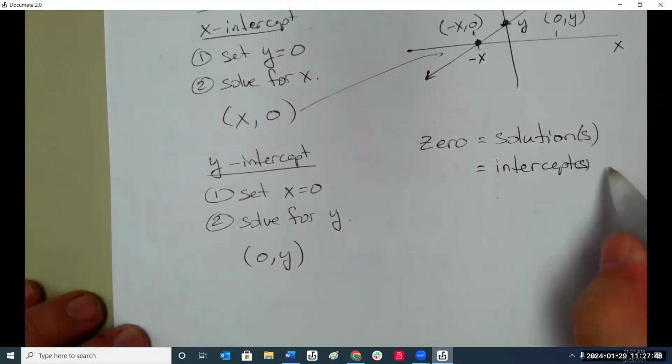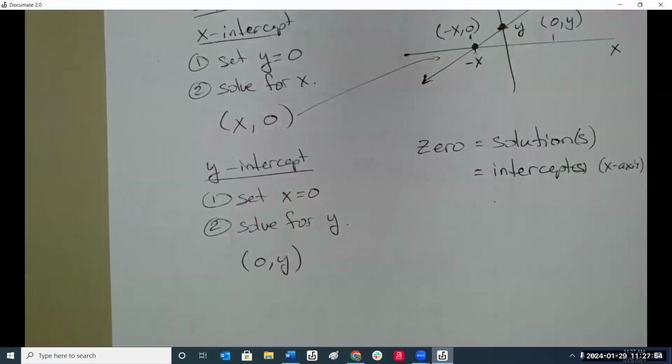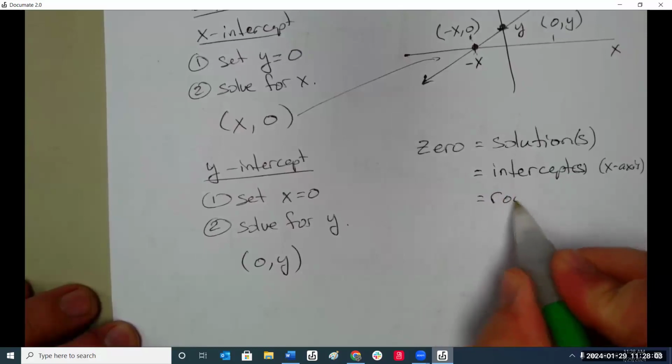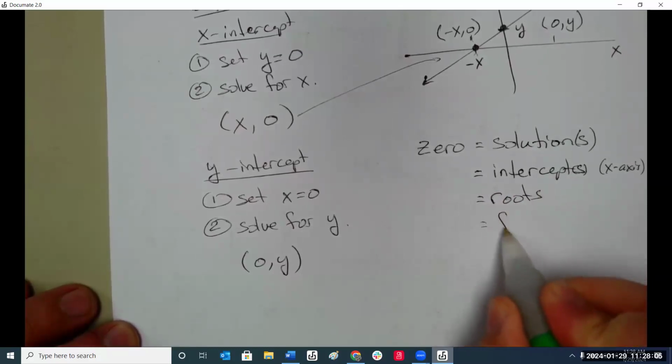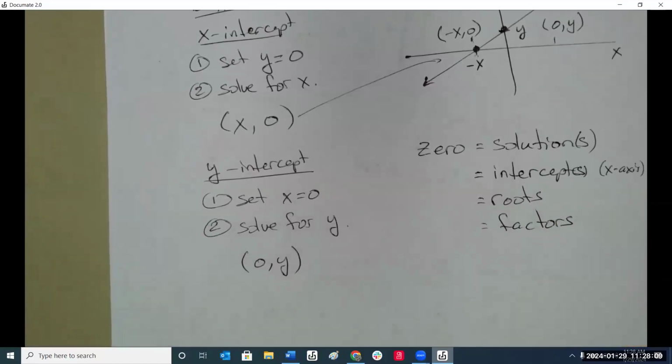Solutions are the x-intercepts, because solution is where we set y equal to 0. We'll also call these roots, factors. Those are all pretty much synonymous. We'll use them interchangeably throughout this course.